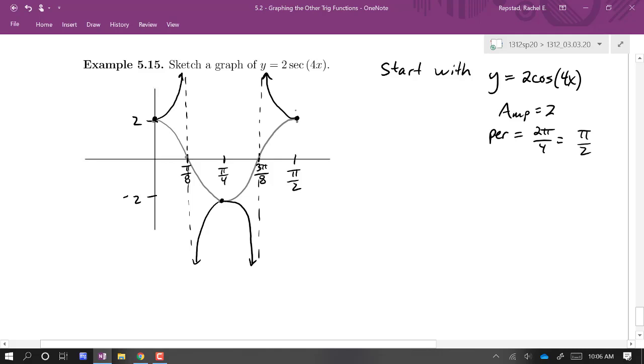So the bulk of the work is in graphing the associated reciprocal function, either cosine or sine, and then just remembering which one goes with which, right? If I'm going to graph a cosecant, I have to remember that the reciprocal is sine. How's that? Pretty nice?